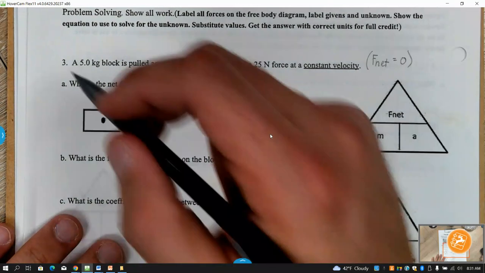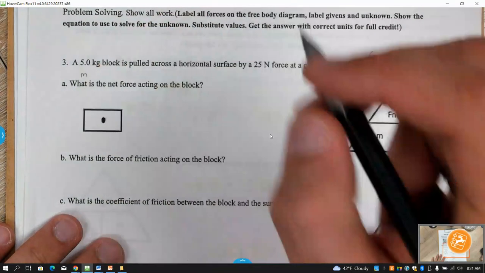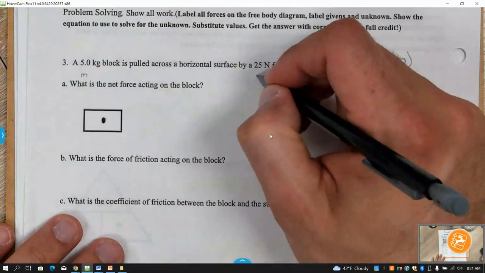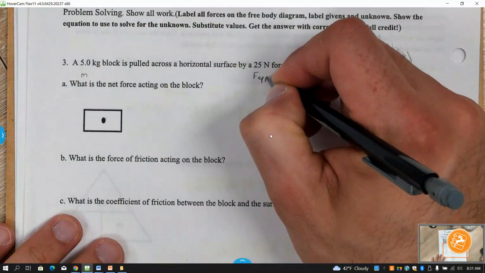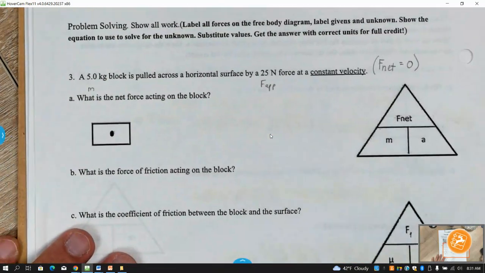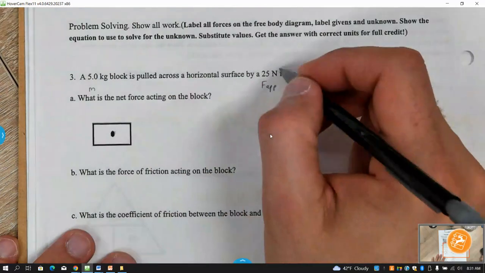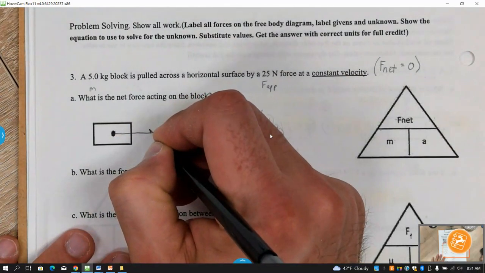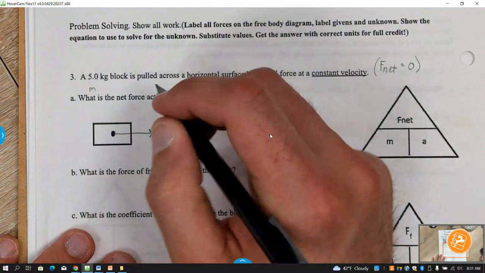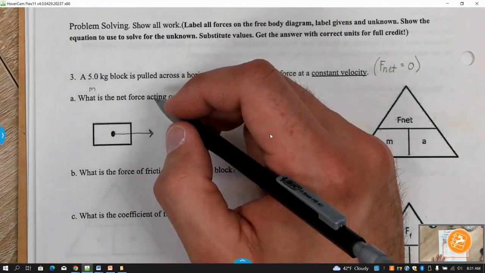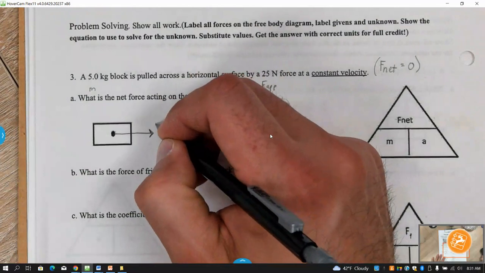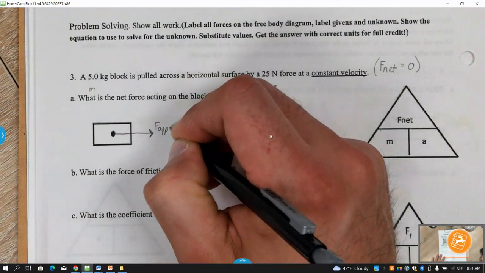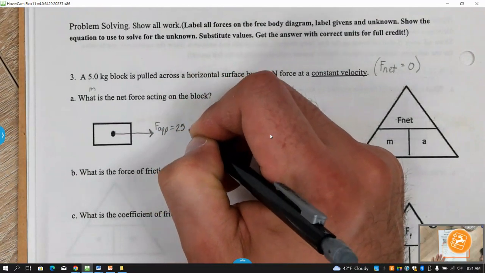All right, they give me mass, and they give me a pull force or applied force of 25. So I can already draw that in because that's a given. So that would be F applied 25 newtons.